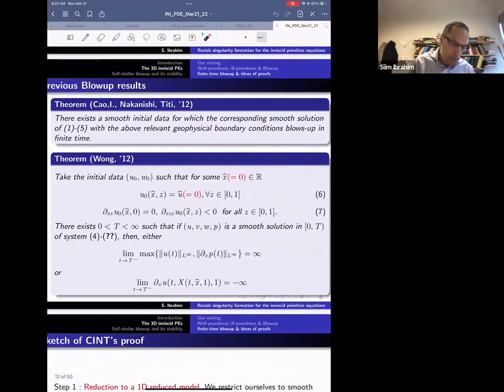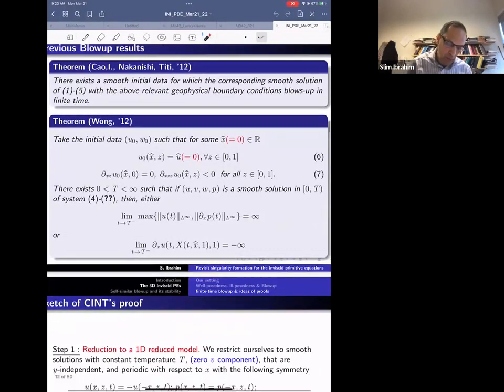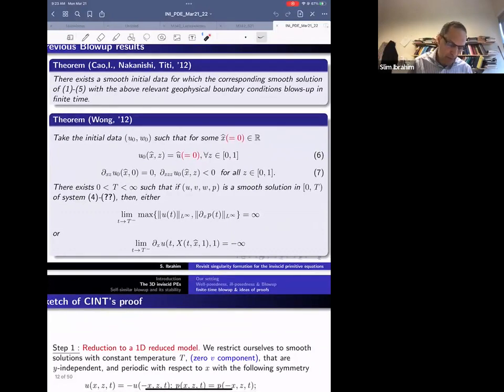My result with Tsao, Nakanishi, and Titi states that there exists a smooth initial data for which the corresponding smooth solution blows up in finite time. And the result by Wong seems very different, but I will show you that they are not very different.